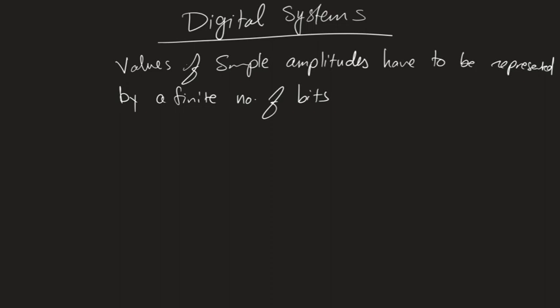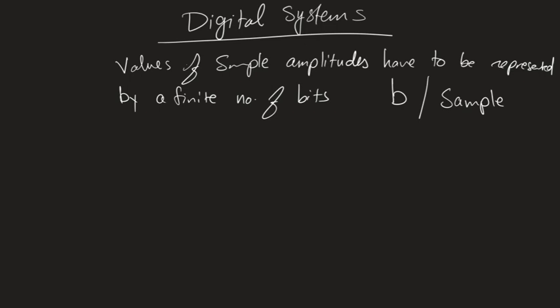Call it B bits per sample. For each sample, to represent its value, I'm going to use a number of bits B.